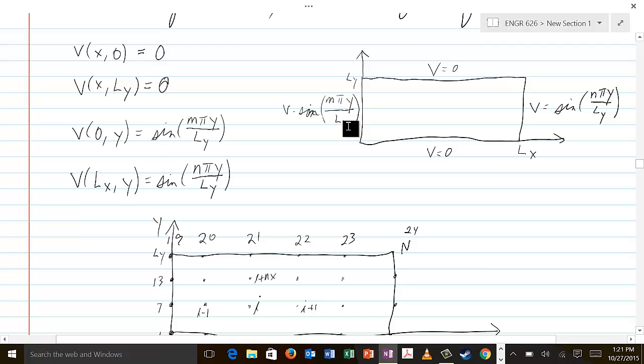By the way, m and n are also parameters that you need to set, and in fact to be able to change, and so you should set them at the beginning of your program. So if you're thinking ahead, you need to have lx, ly, nx, ny, and m and n. All of those should be parameters that you set at the beginning of your code.